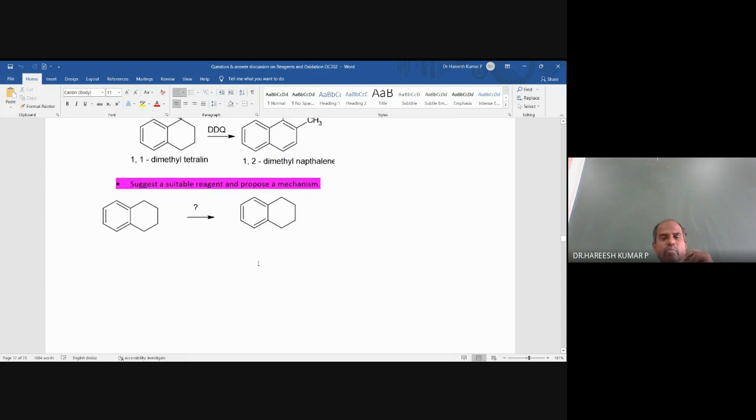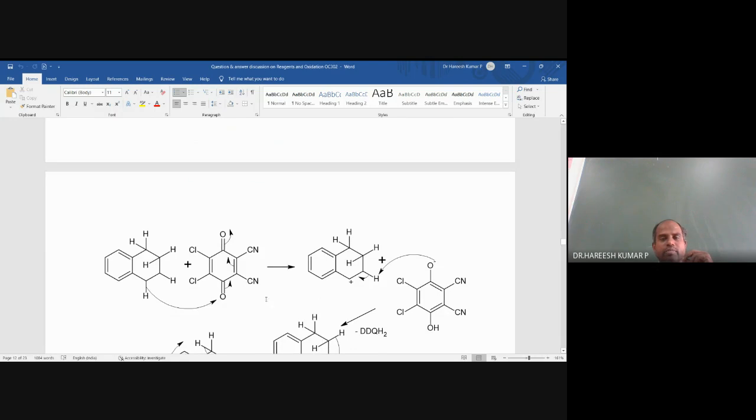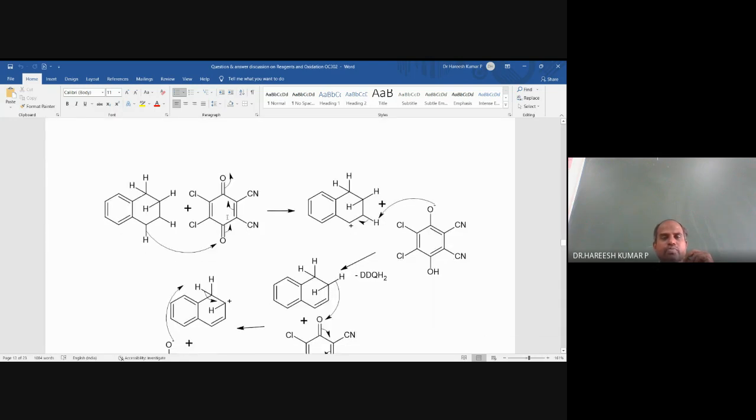So where should the double bond be? In the reactant or the product? The double bond should be in the product, because of removal of H2. Removal of H2 is nothing but DDQ. And this is the mechanism. This is DDQ, and the hydride, H, is going along with this bond pair to add to this oxygen.